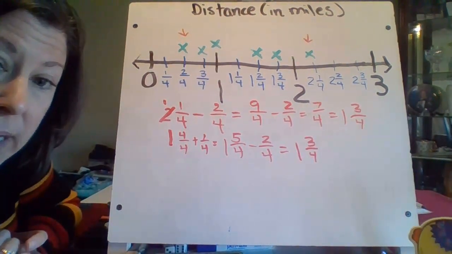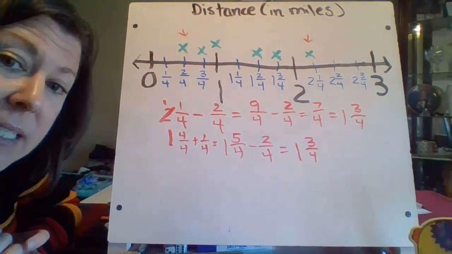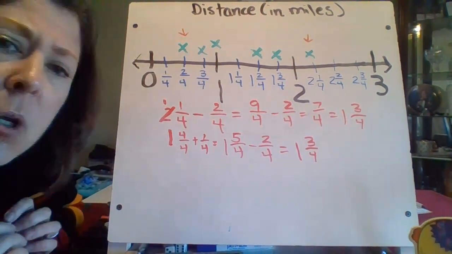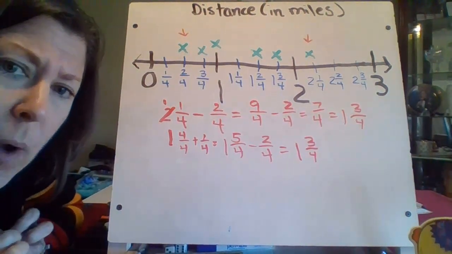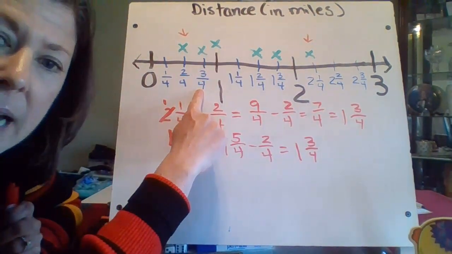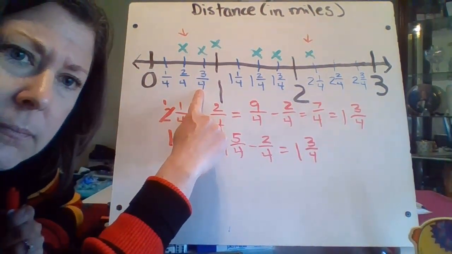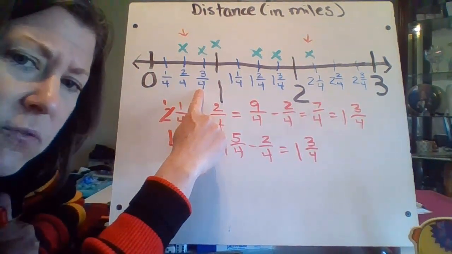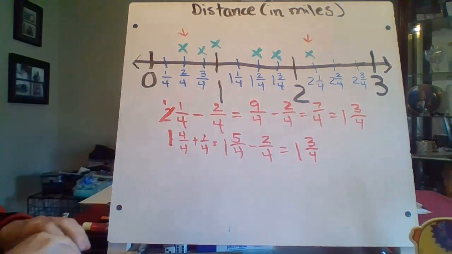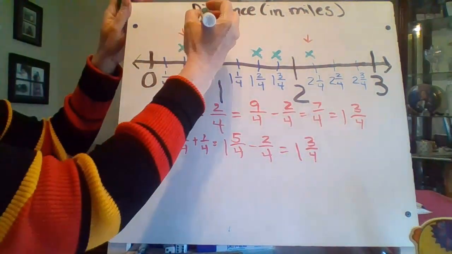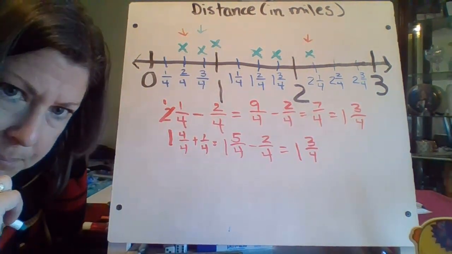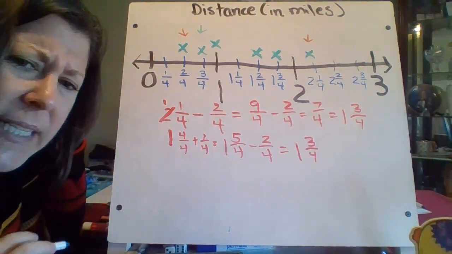Now, another question, a separate question that I'm going to ask is who ran twice as far as person F? Who ran twice as far as person F? That was person F, 3/4. Twice as far.